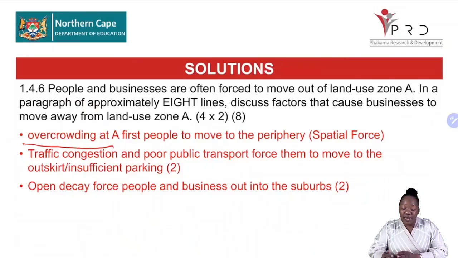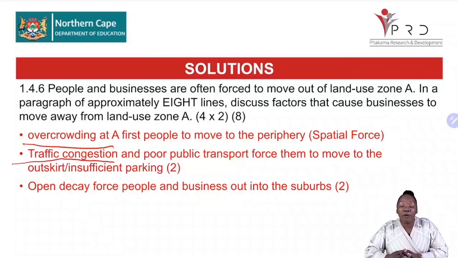Then secondly, as I've said, that all people want to be in the CBD, so therefore the traffic congestion will also be a problem, because each and everyone in the morning or in the afternoon, they will be traveling the same route. Then also we are looking at the urban decay forcing people as well as the business into the suburbs.